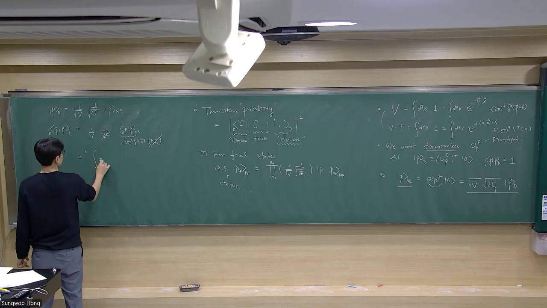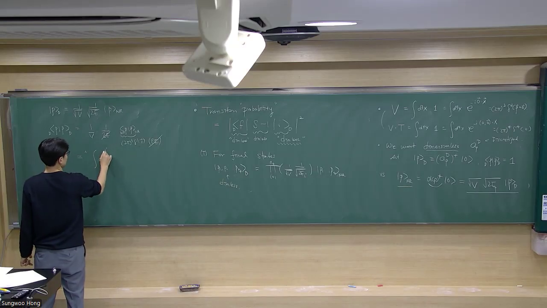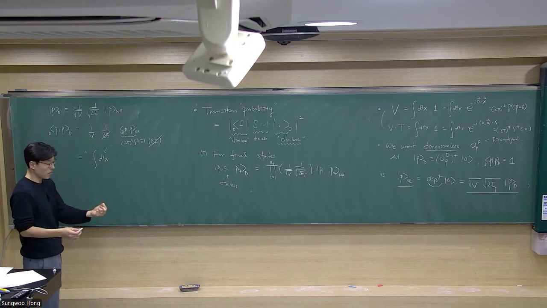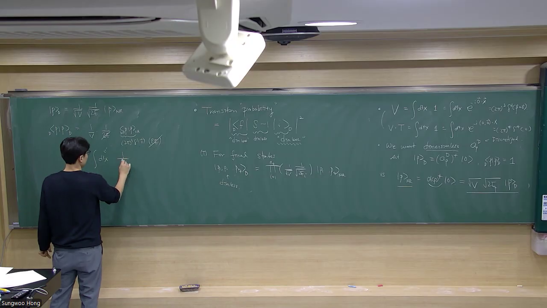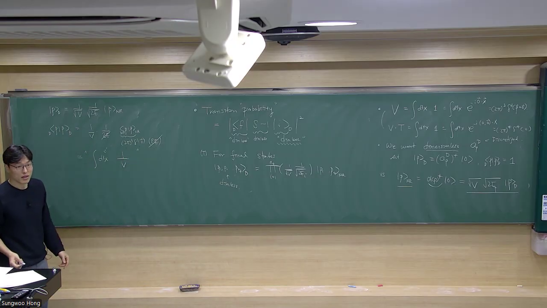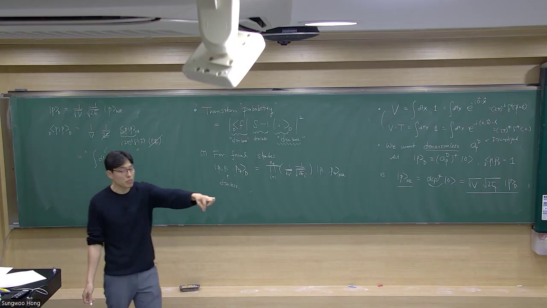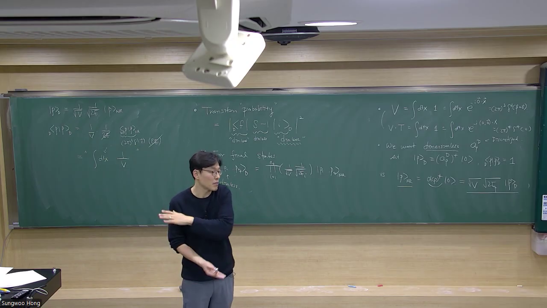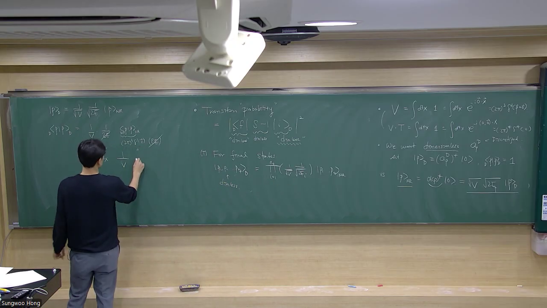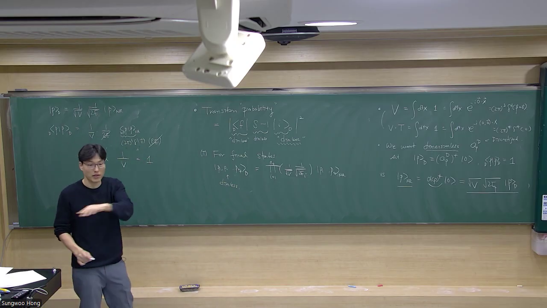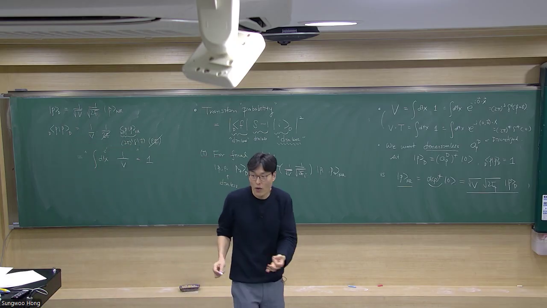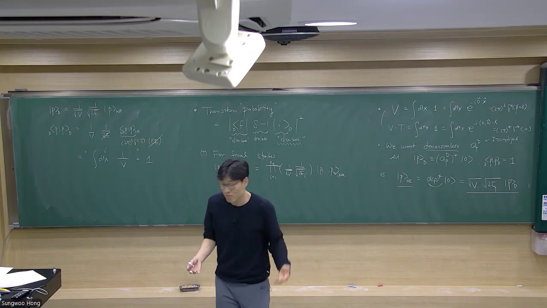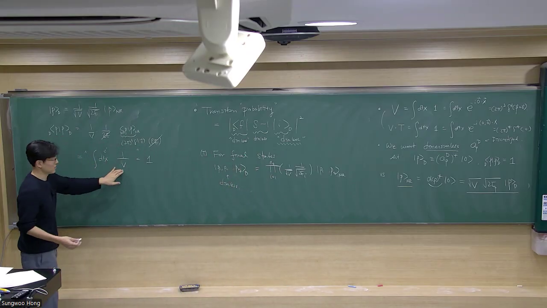I'm summing over volume from this vector, and the probability to see a particle in this space-time volume at a point is 1 over V. So if I pick one point in space, and ask what is the probability to see that particle, it is 1 over V. And then I'm summing over the entire volume to say that the total probability is 1. So there's one particle in this space somewhere. At each point, all I can say is that the probability is 1 over V, but since I'm summing over the entire space, I get 1. That's how you can understand this expression.